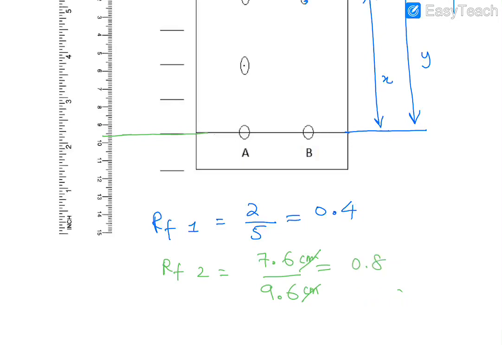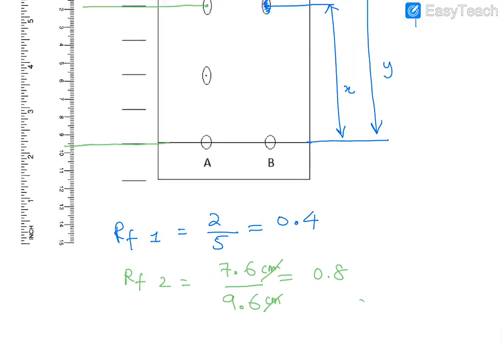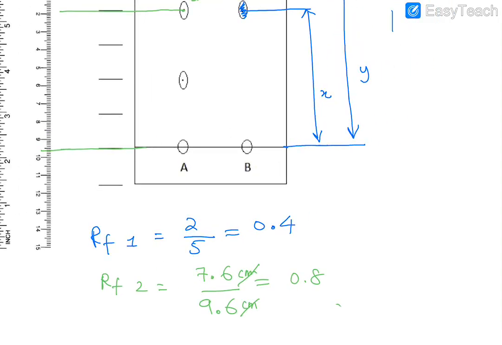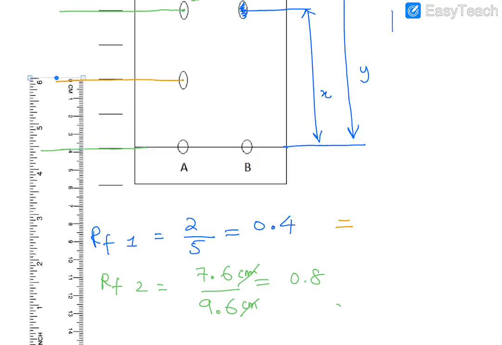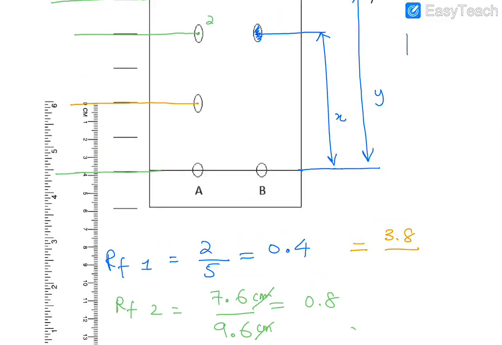Now just to check, let's calculate the RF value of spot 1 again using the ruler, just to see if we get the same value. So we have the ruler, so we're going to draw the line here, find the center of the spot, draw the line. So I have 3.8 divided by the distance to the solvent front, which is going to be the same, 9.6.